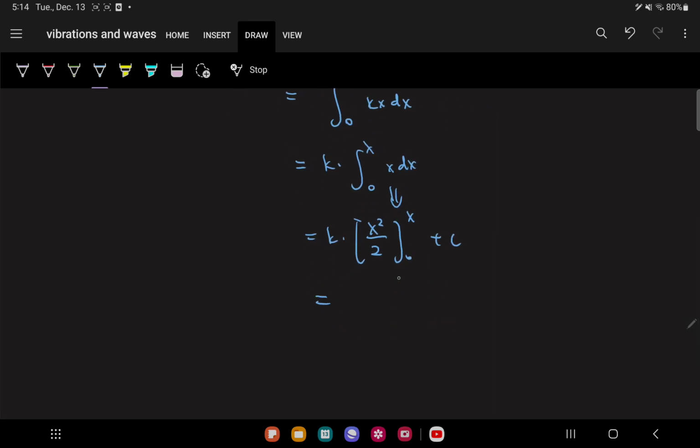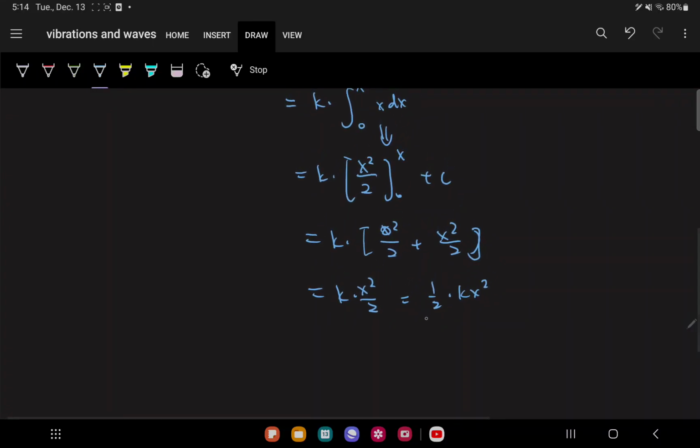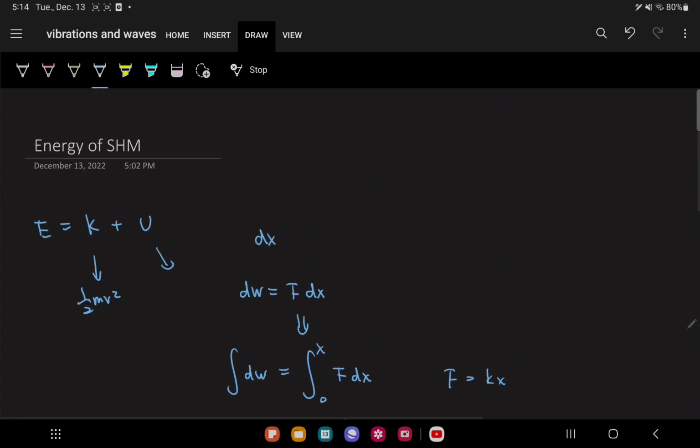Then this is going to give us k times, 0 squared over 2 subtracted from x squared over 2. So this is obviously k times x squared over 2, which is 1/2 kx squared. So this is going to be our potential energy for the spring.